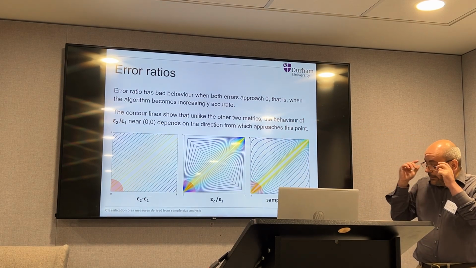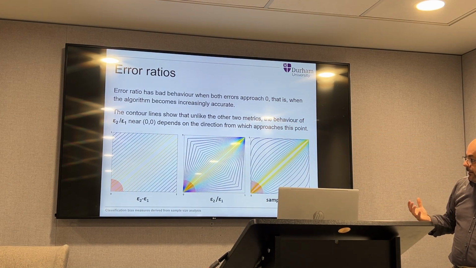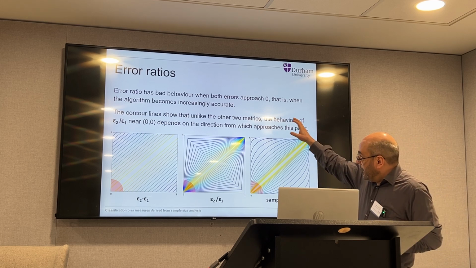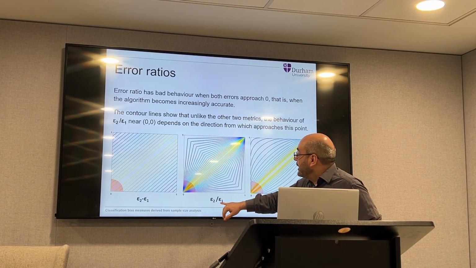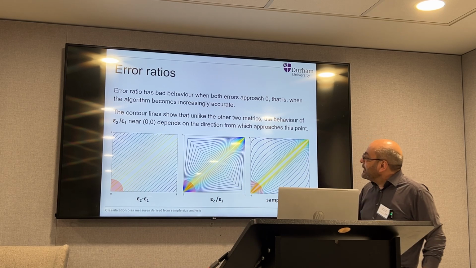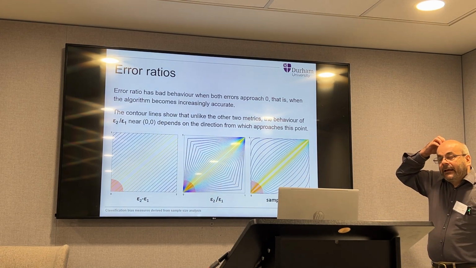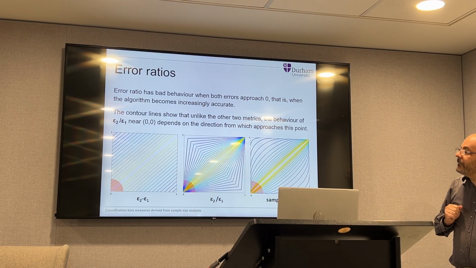I think that the most illuminating thing to do is just to draw the contour lines of the differences, here the ratios, and the sample size, and you see exactly what happens.